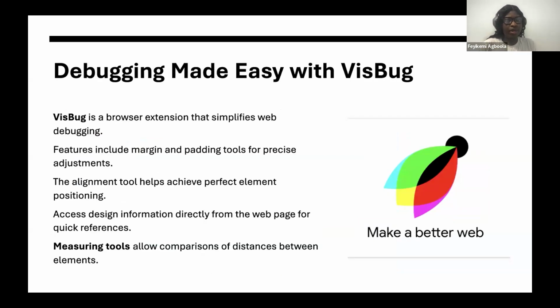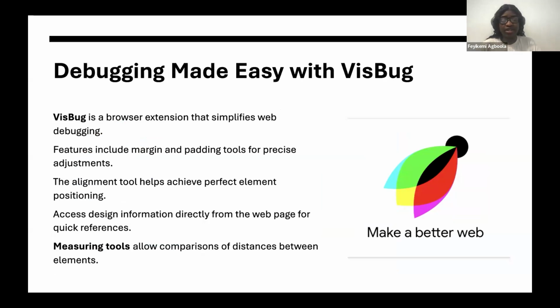So I would like to talk about another tool that helps in debugging or making sure your implementation aligns very well with what is on Figma, what the UI/UX designer has put on. VisBug is a browser extension that simplifies web debugging.